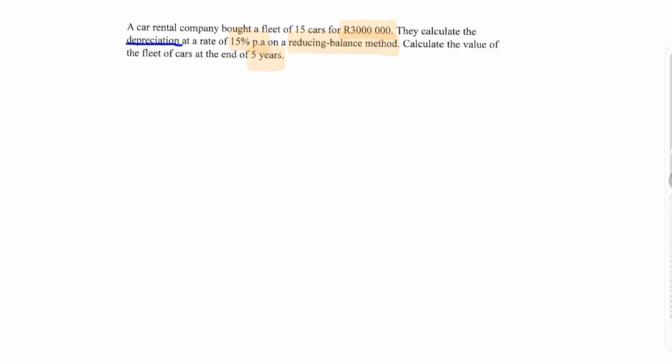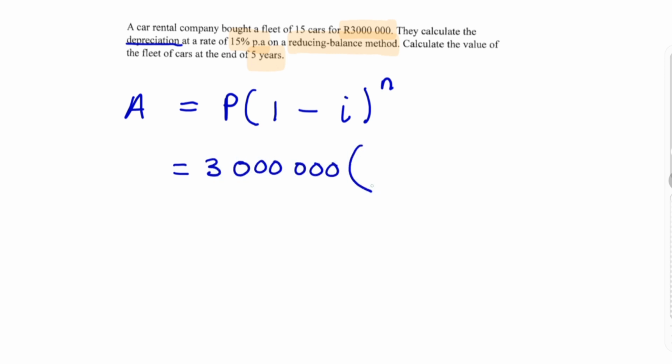So the formula that we will use for this one is A is equal to P into 1 minus I, all to the power N. And we want to calculate the value of the cars at the end of 5 years. So we want the value of A. So our principal amount is 3 million. 1 minus, and our interest rate is 15%, and we need to convert that to a decimal, which is 0.15.